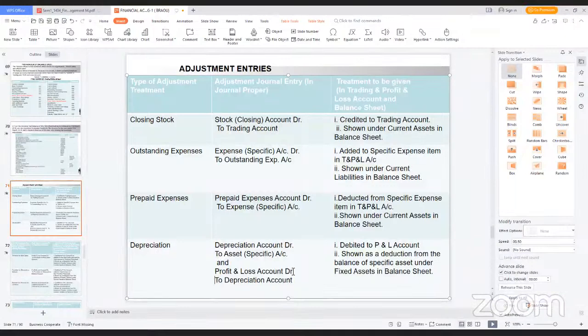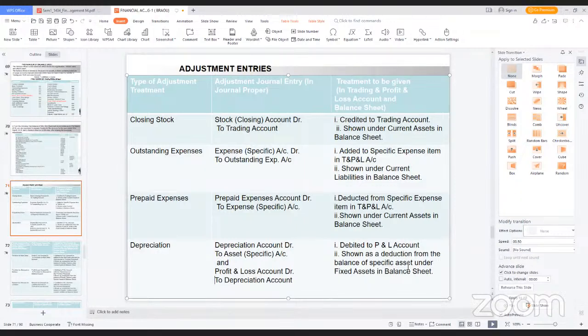So the depreciation you will be writing on the debit side of a profit and loss account, debited to profit and loss account, shown as a deduction from the balance of the specific asset.